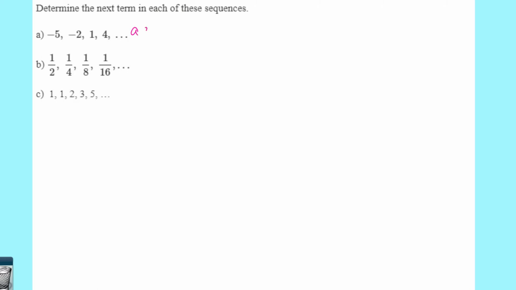So since we're going to add 3, the next term in that sequence is going to be 7. Part B, it looks like the bottom one keeps doubling, so it looks like we're multiplying by 1/2. So the next one is going to be 1 over 32.